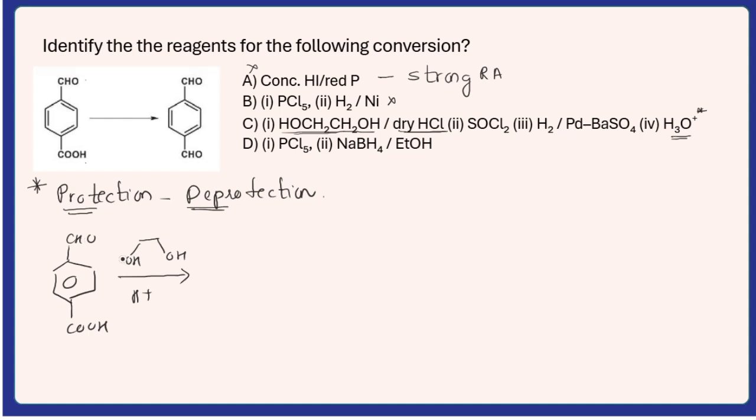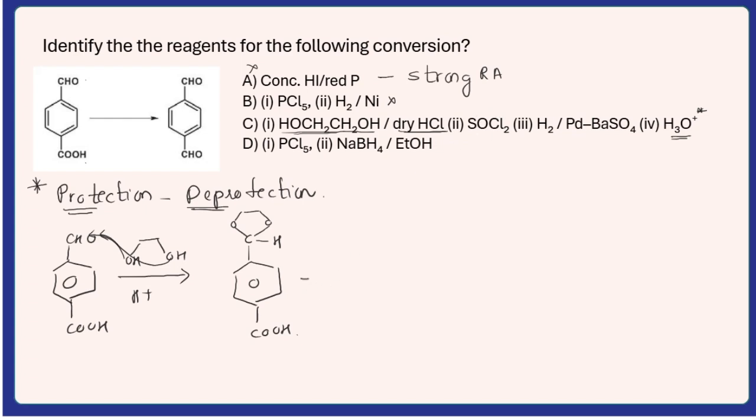So then what happens? It's going to react with the aldehyde, right? And then it's going to protect it. So the carbon is like this and oxygen, right? And then like this. So we have protected the group like this.